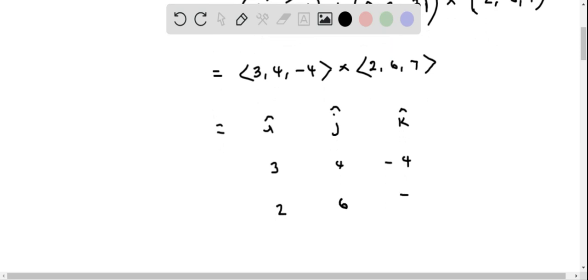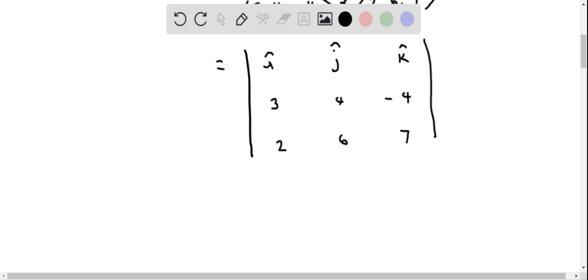Let's evaluate this 3 by 3 determinant. Expanding along the first row, we write the i unit vector, multiplied with the 2 by 2 determinant, leaving the row and column represented by the i vector, which is 4, negative 4, and then 6, 7.